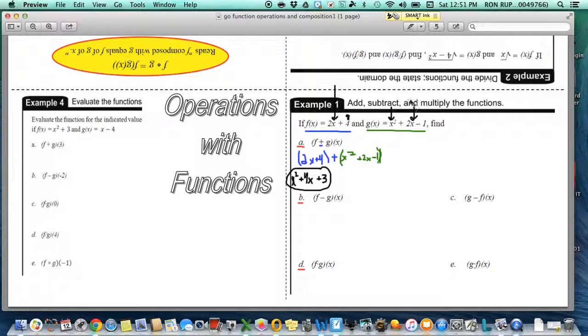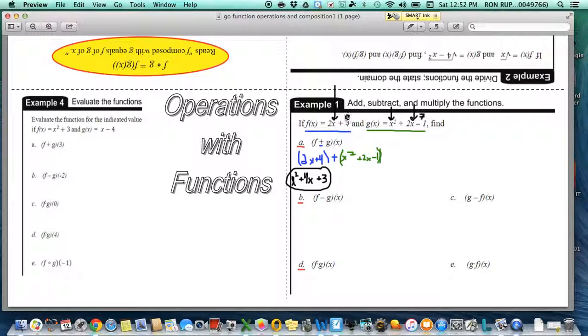And 8 minus 1 is 7. What is f plus g? 8 plus 7, that equals 15. So if I plug 2 into this function, I should get 15. Let's check it out. So 2 squared is 4, plus 4 times 2 is 8, which is 12, and 12 plus 3 is 15. Boom, check your work.